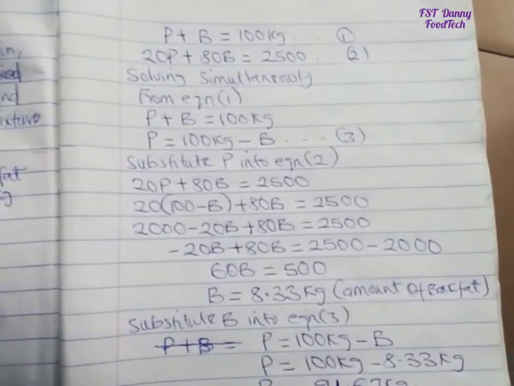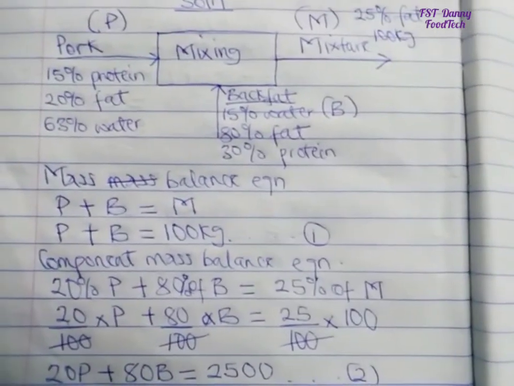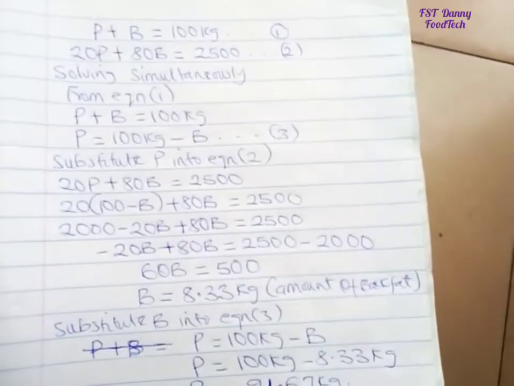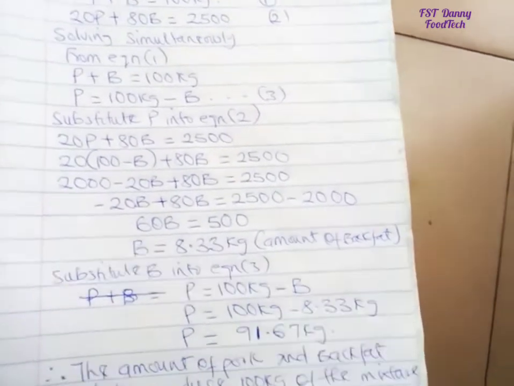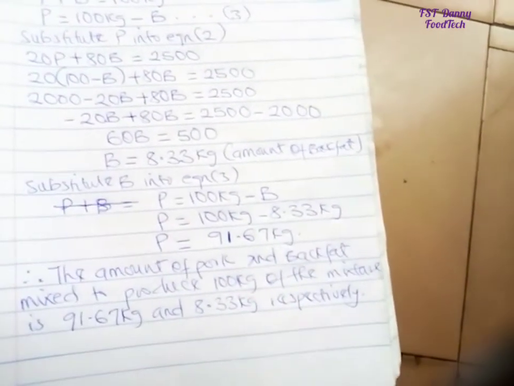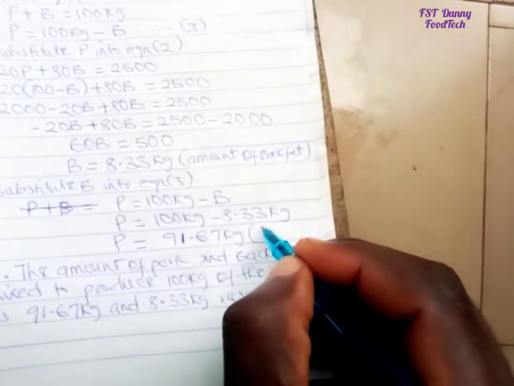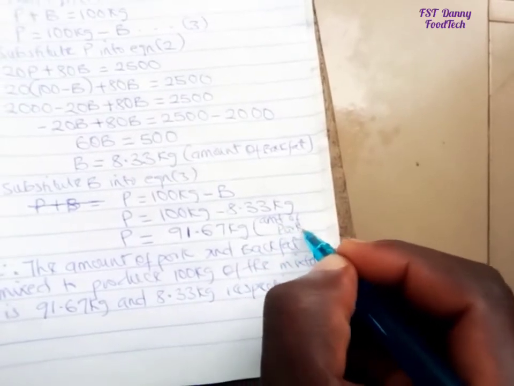In the question, using it simultaneously, after forming the two equations, the component mass balance equation and the mass balance equation, we solved for the amount of back fat, and this is the amount of pork.